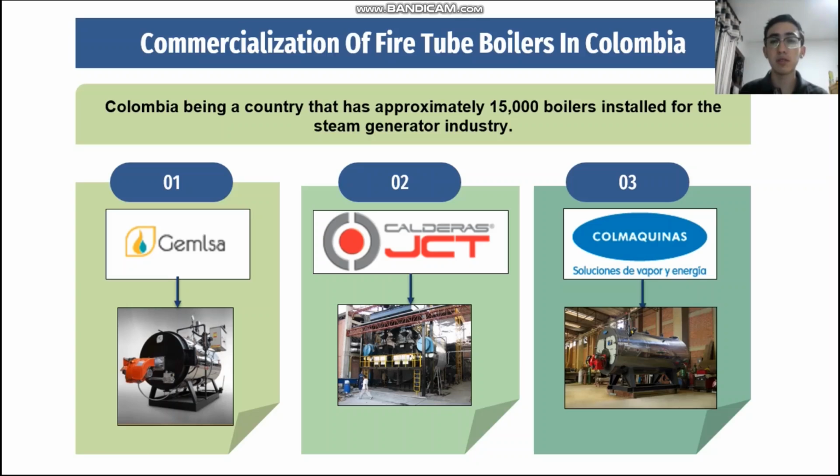Colombia is a country that has approximately 50,000 boiler installations for steam generation, an industry to which several companies dedicate themselves, in the manufacturing, installation, and operation of fire tube boilers, such as the companies Helsam, Calderas GCT, and Con Máquinas, which are responsible for the manufacturing of these types of boilers under the ASME standard, designed with characteristics relevant to the project to work in all types of industries, from hospitals and armed forces to all types of manufacturing industry.